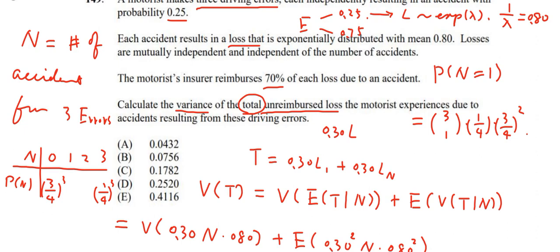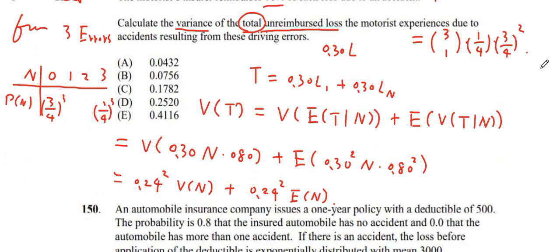So plug in, we can find those Vn and En. This N followed a binomial distribution, so here maybe we don't want to calculate. We can use the formula. So we say N followed a binomial distribution. Okay.